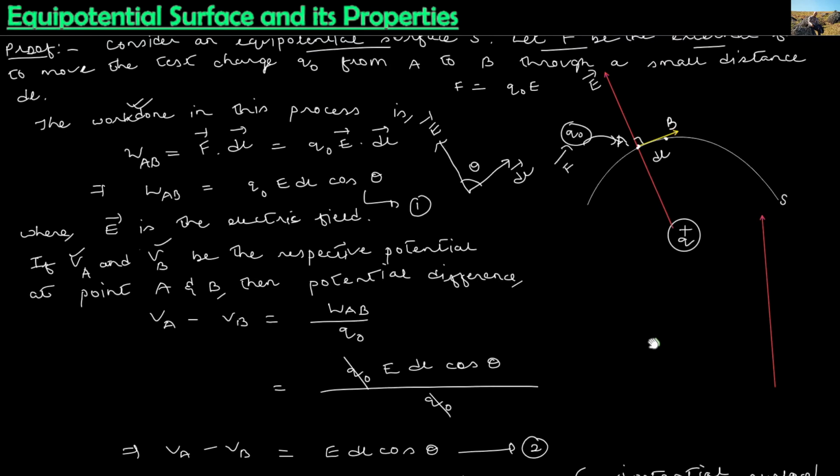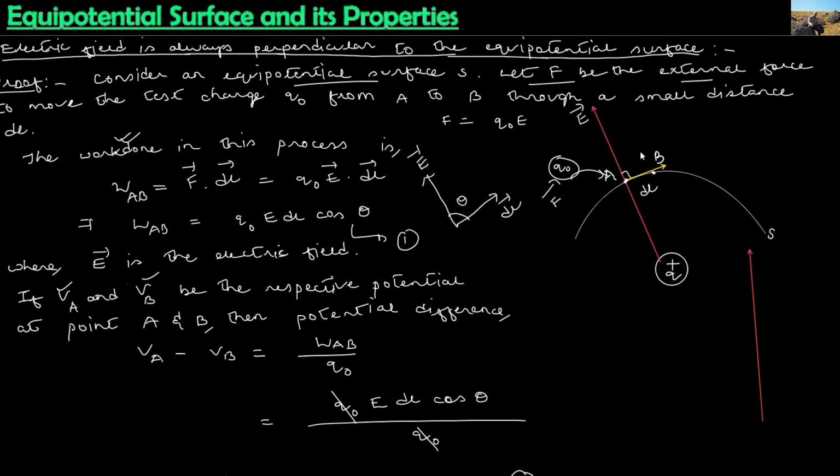Even if you take another point, irrespective of the points, if I take this vector and represent it over here, you can also find that the angle between them is how much? It is 90 degree, irrespective of all the points.